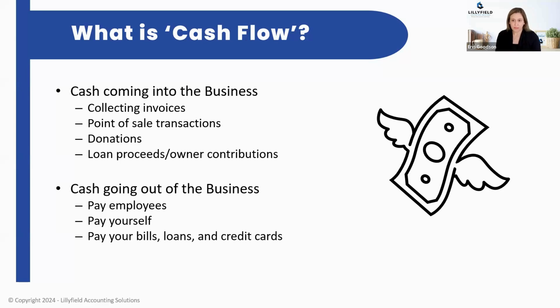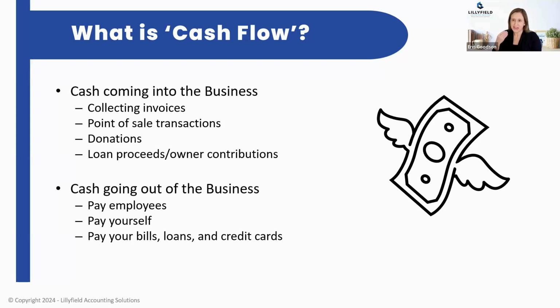If you're a not-for-profit, maybe you're getting donations coming in or you're receiving those revenues through your system of collection for memberships or services. Or if you go out and take out a loan, that's going to be cash coming in the door when you receive the proceeds of that loan. If you're an owner of a small business and you're contributing into that business personally, it's an owner contribution, and that's going to be cash inflow coming into the business as well.